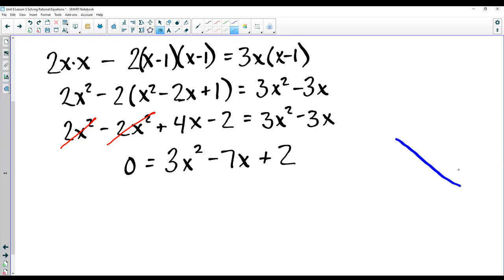We want to try to figure out what to split the middle term into, mostly because that leading term is now not 1, so we do have to do a little extra thinking for this. So we want to figure out what multiplies to 6x squared and adds to -7x.